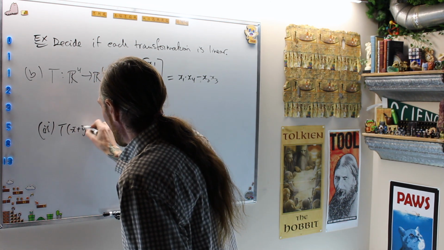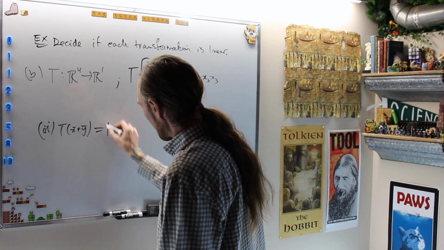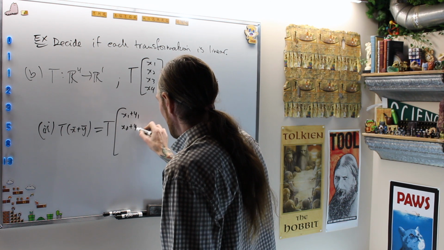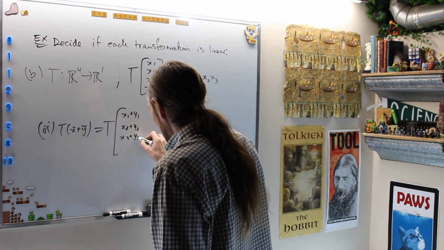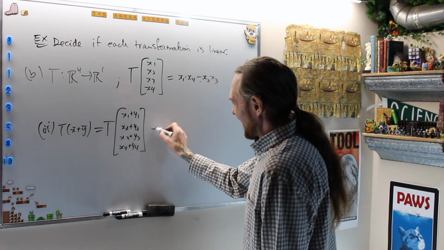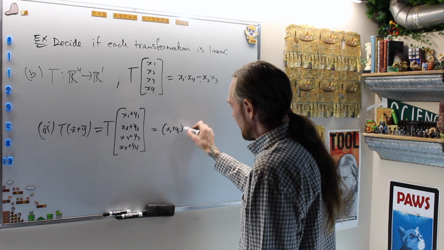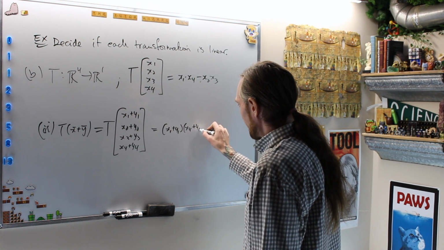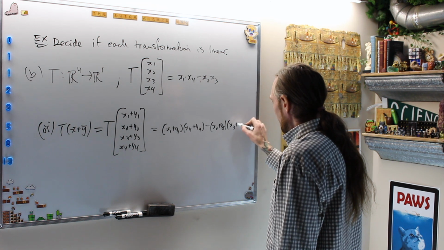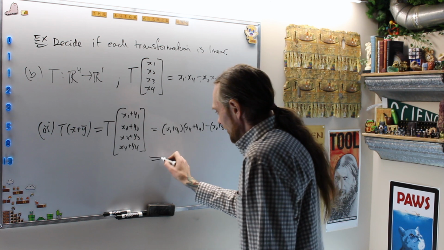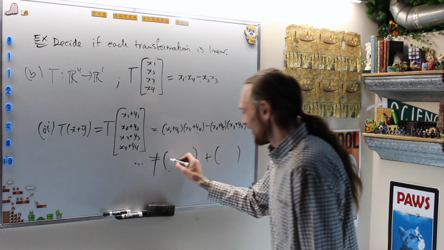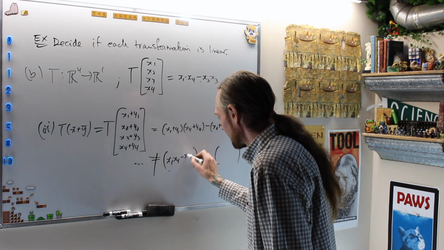T of x plus y. Every time, what's that look like? That's going to be x1 plus y1. I know you say it too, but this is what it is. Go through the motions. That now has to be x1 plus y1 times x4 plus y4 minus x2 plus y2 times x3 plus y3, which does not equal, what do I have to have? x1x4 minus x2x3.